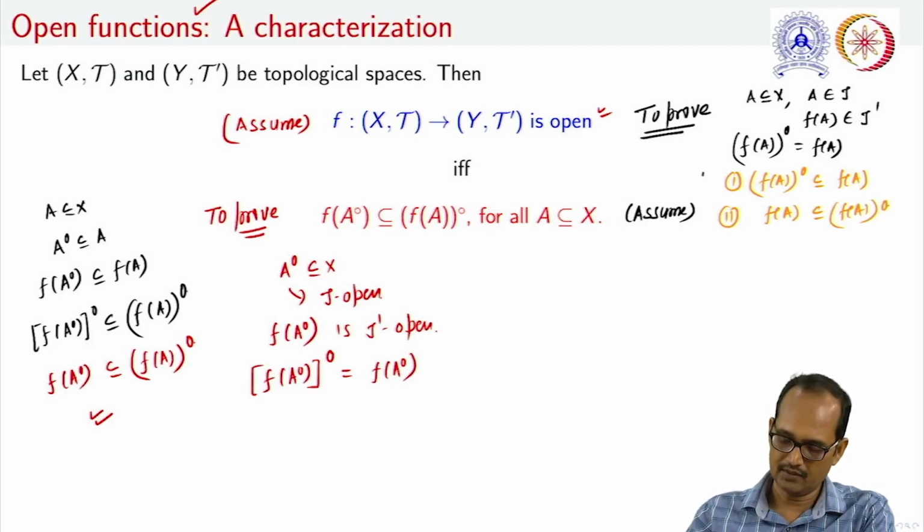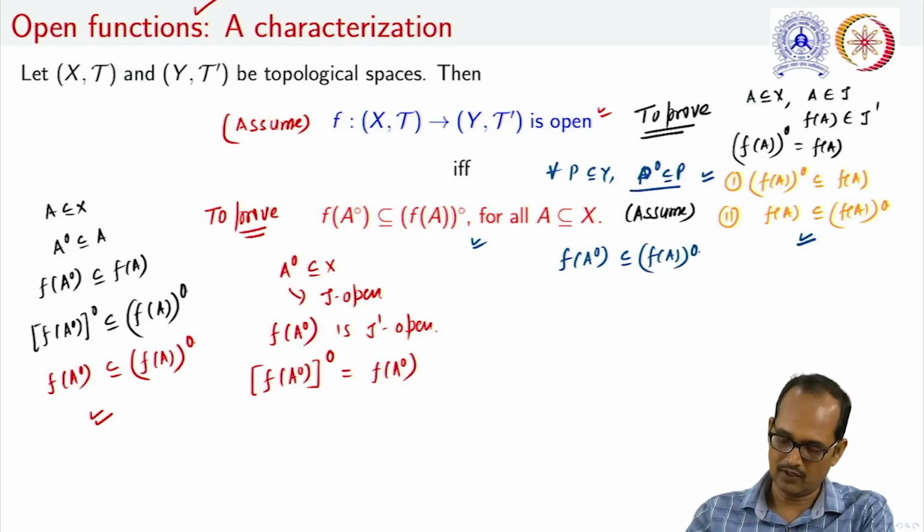Note that the first always holds because for every subset P of Y, interior of P is always a subset of P. In order to prove the second one, let us use our assumption. The assumption is given as f of interior of A is a subset of interior of f(A).